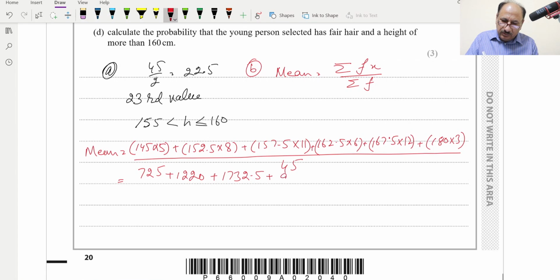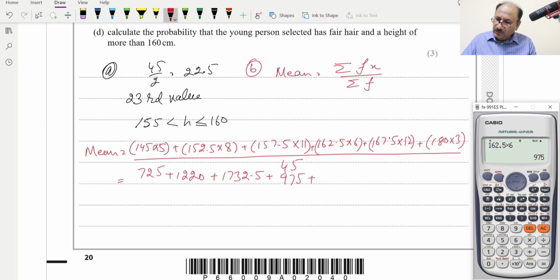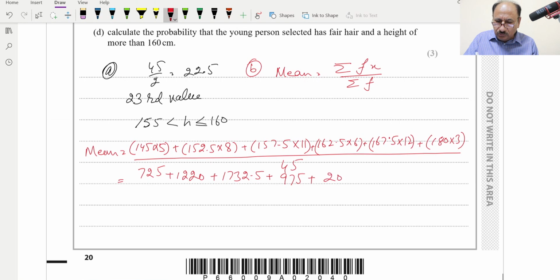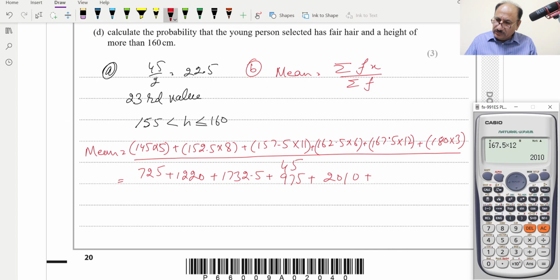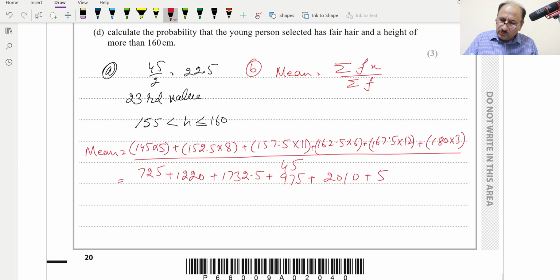Plus next is 167.5 multiplied by 12 is equal to 2010, and the last term is 180 multiplied by 3 is equal to 540.